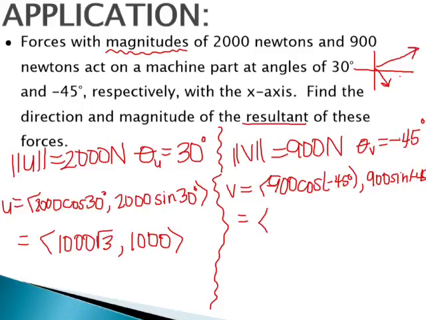So when we multiply by 900, we get 450 radical 2. The sine of negative 45 degrees would be negative radical 2 over 2. So when we multiply that by 900, we would get negative 450 radical 2.